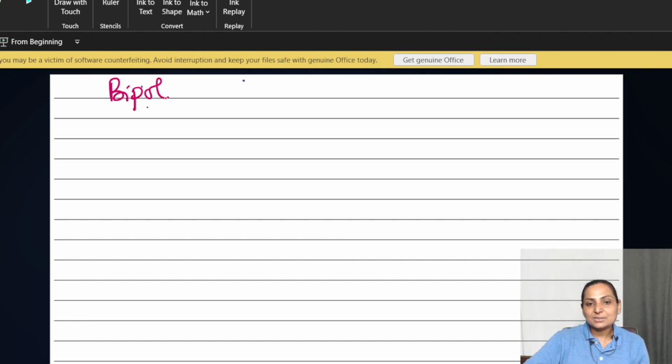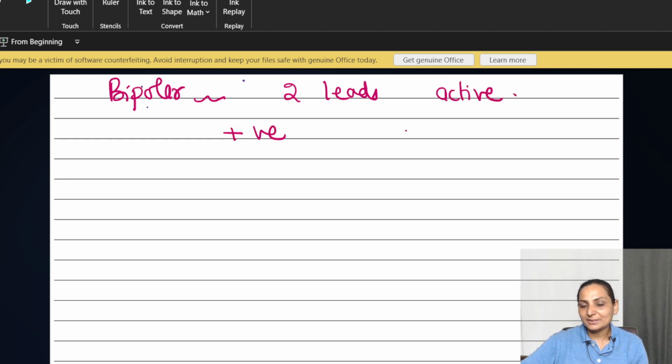So in the case of the bipolar, we are using 2 leads. Both of the 2 leads are active, where one of them is going to be positive and the other one is going to be negative. Very simple. So in bipolar we are using 2 leads, both are active. One will be positive, the second will be negative.